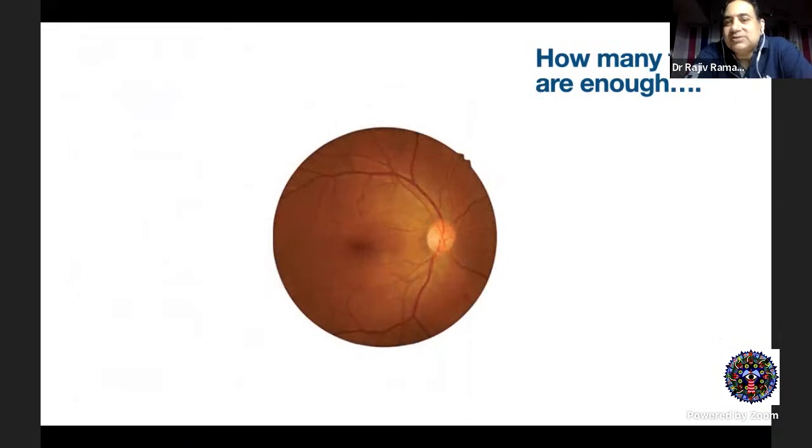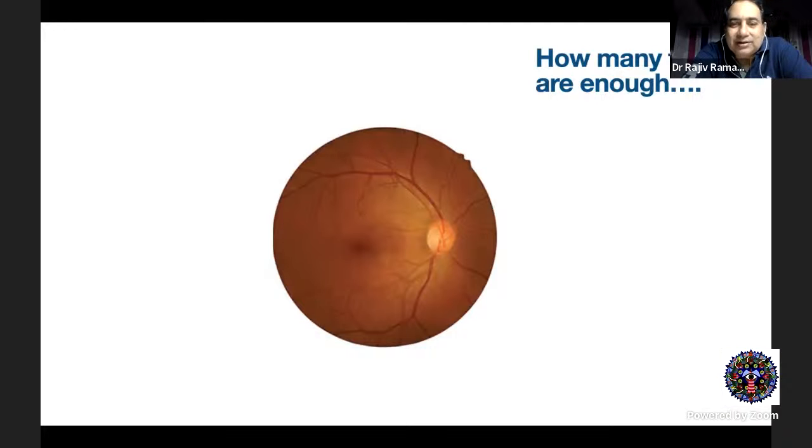How many fields of retinal images are enough for doing a retinopathy screening? The American Academy of Ophthalmology guidelines suggest that a single field, which is fovea-centered, in which the whole of the disc also comes, 45 degree, is enough to do a basic diabetic retinopathy screening.